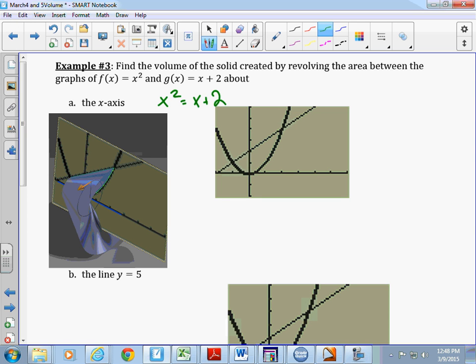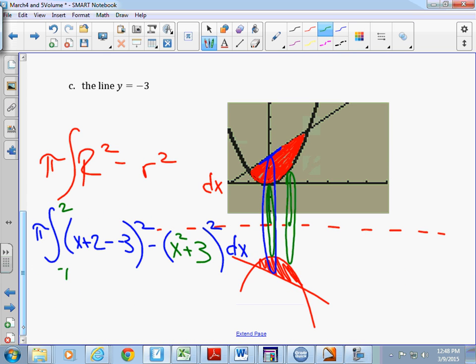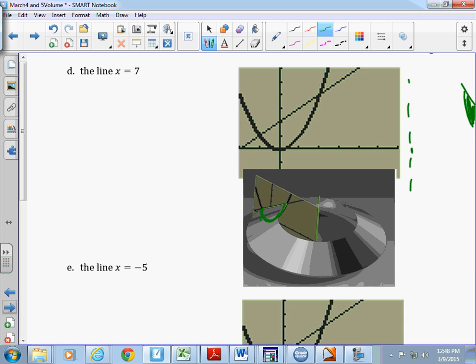Yes. And so we get x squared minus x minus 2 equals 0, x minus 2, x plus 1, x is -1 and 2. We did need to find those intersections. Sorry about that. I left that off of this one. -1 and 2 are the x values of the intersections.